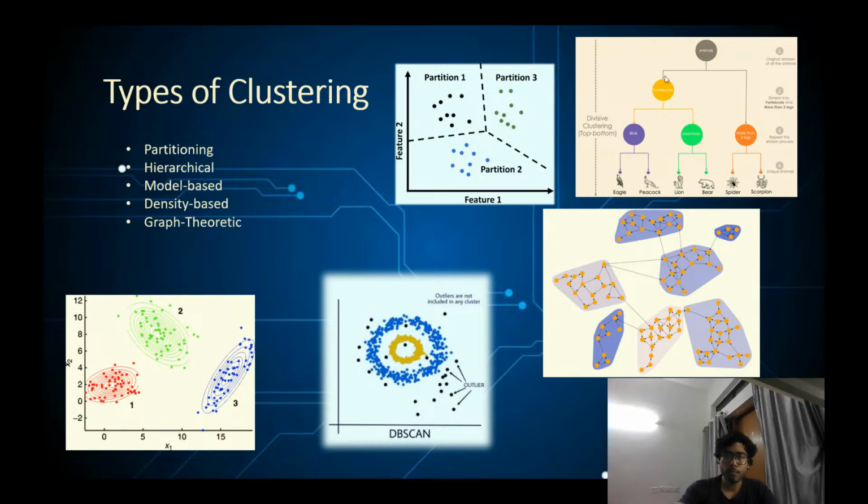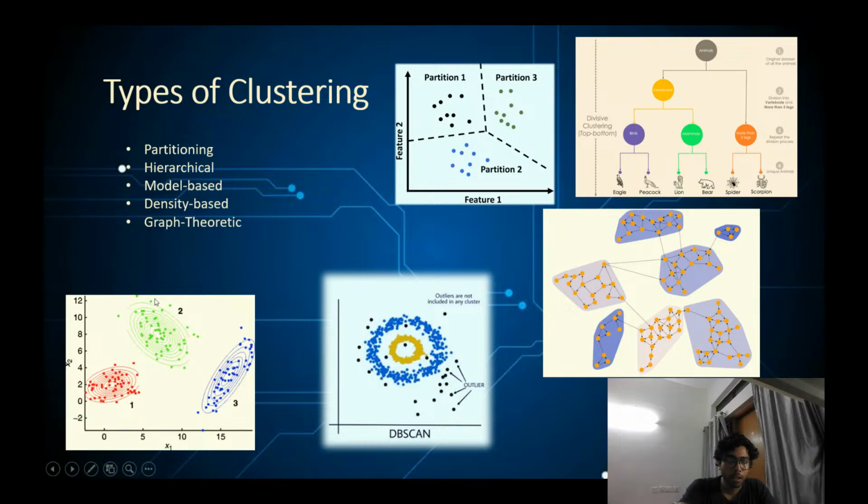So this is hierarchical, as the name suggests, that you go from a general category to a more and more specific one, right? From animals, which is more general, you go to individual categories like birds, mammals, and you can even go deeper.